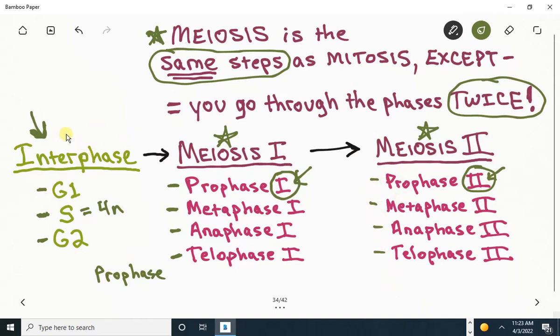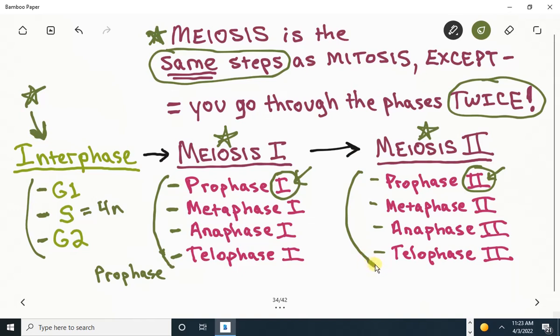So the cell is going to start out hanging out in interphase. It's going to go through all the interphase steps, and then it's going to go straight into meiosis 1. It's going to go through all of the steps that we went over in mitosis, and then it's going to go straight into meiosis 2, where it repeats those same steps.